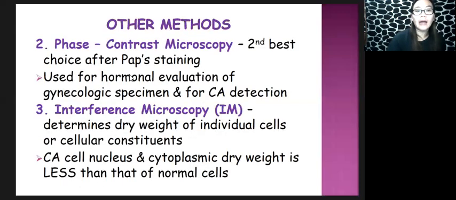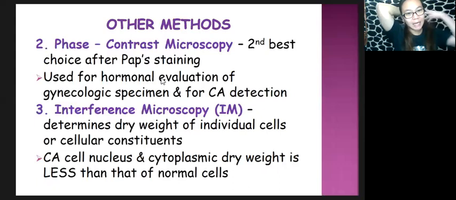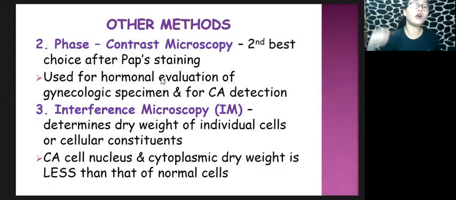Apart from your acridine orange, we can also make use of your phase contrast microscope. This is the second best choice after your PAP staining, and it is utilized for hormonal evaluation of gynecologic specimens and for cancer detection. Lastly, we have your interference microscope. This is based on the dry weight of your cells and your cellular constituents.